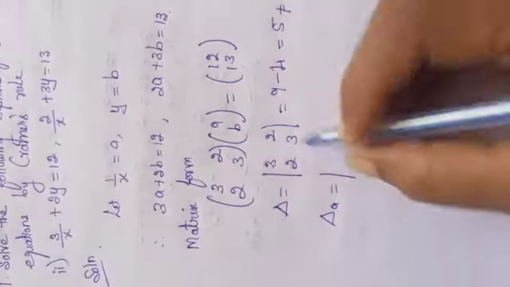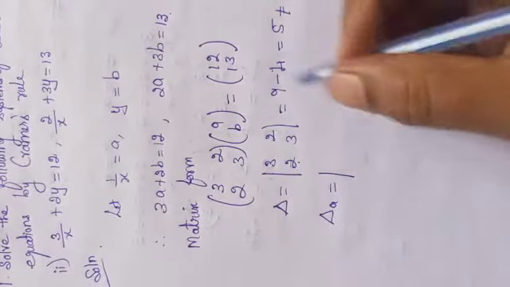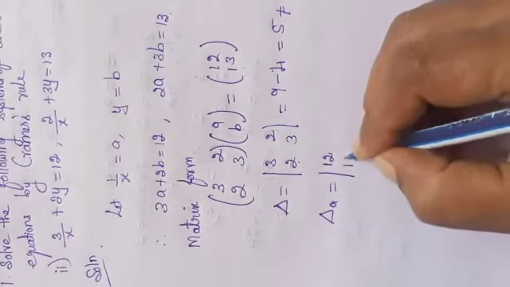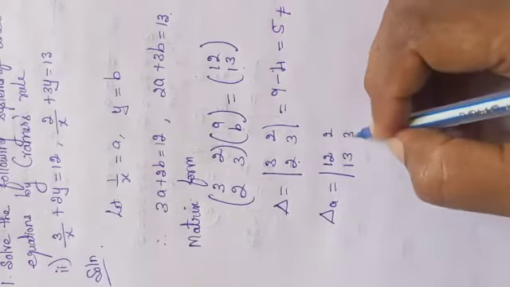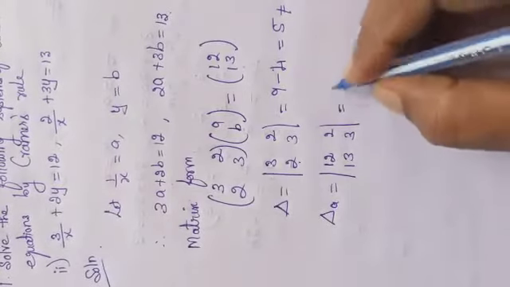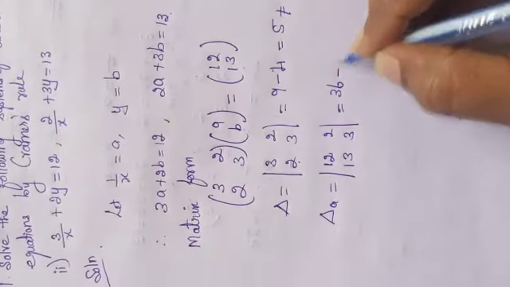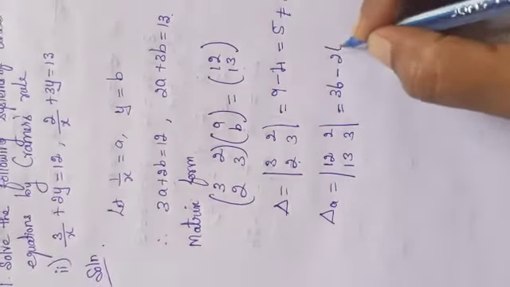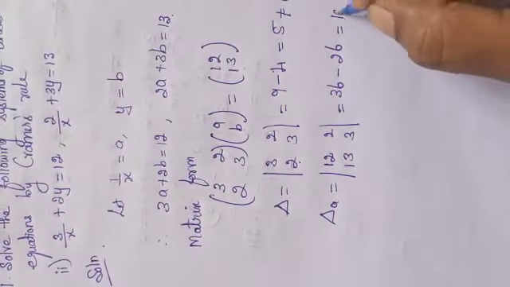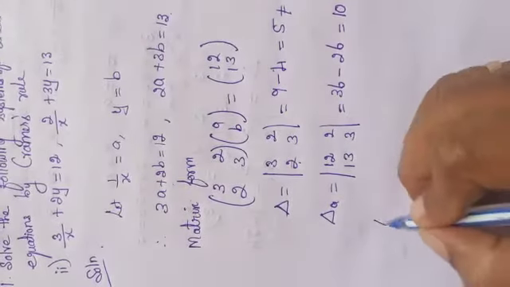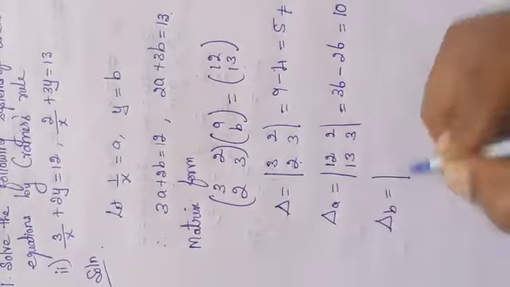See delta a, that means in place of a we have to use the constant, that is 12, 13, 2, 3. See 12 into 3, 36 minus 13 into 2, 26. So 36 minus 26 is 10. Then delta b.